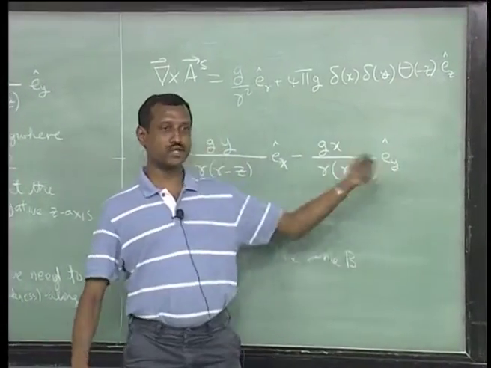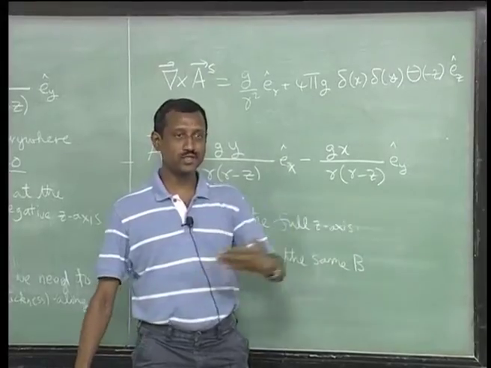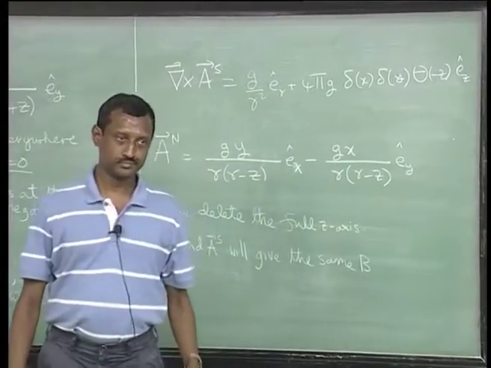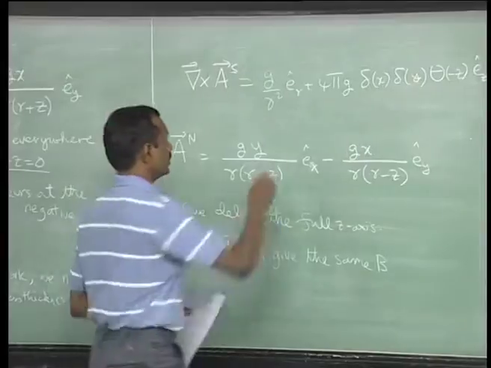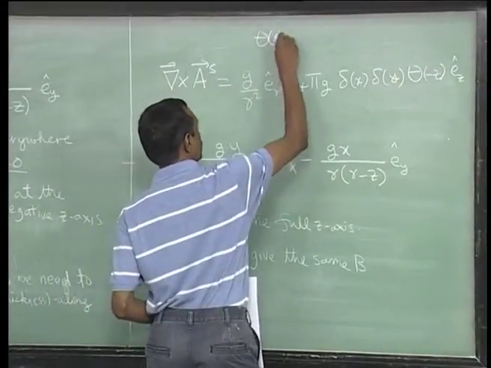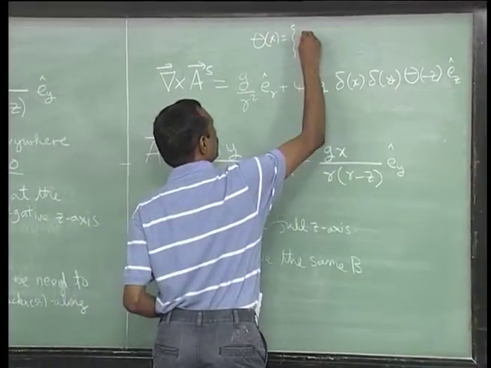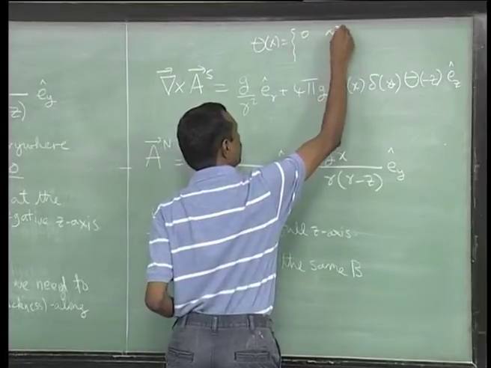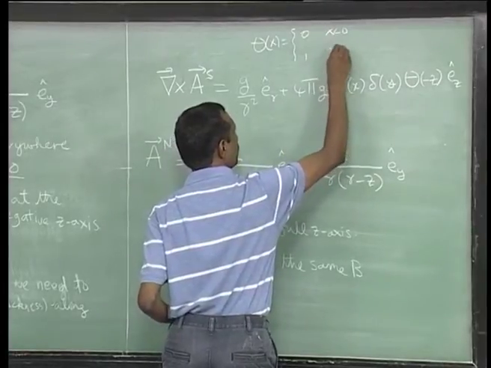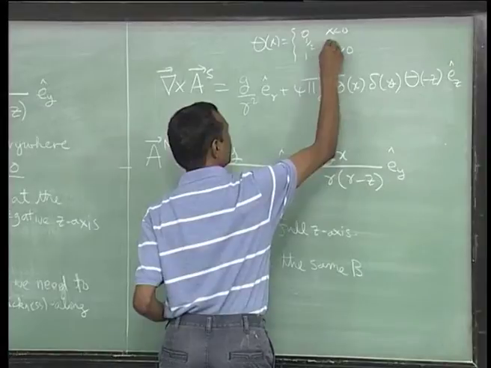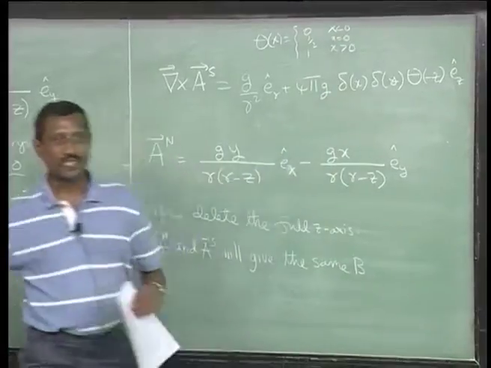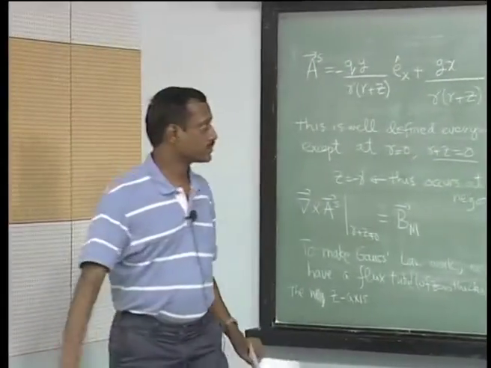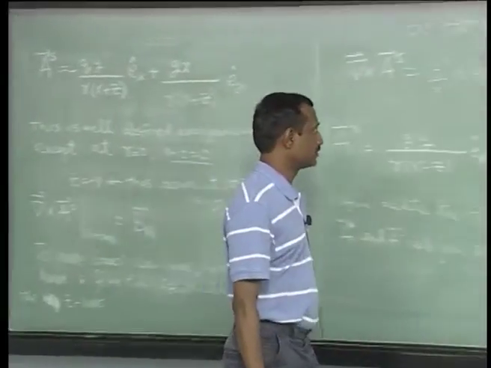This theta function is the Heaviside theta function, 0 and 1. So theta of x is equal to 0 for x less than 0, 1 for x greater than 0, probably half is what one writes for 0. Okay, that is a Heaviside theta function.